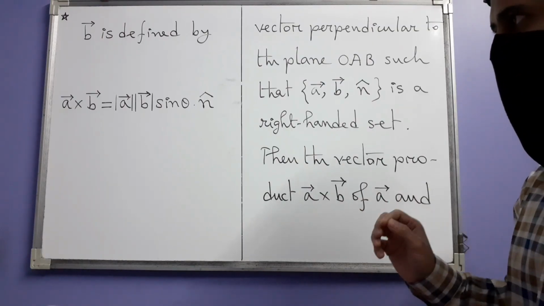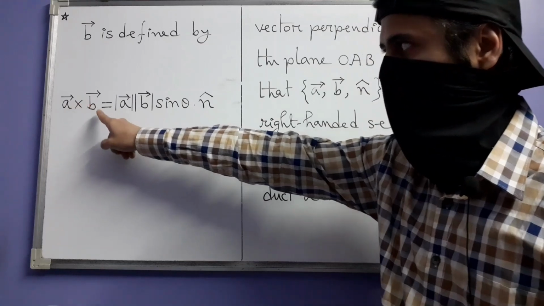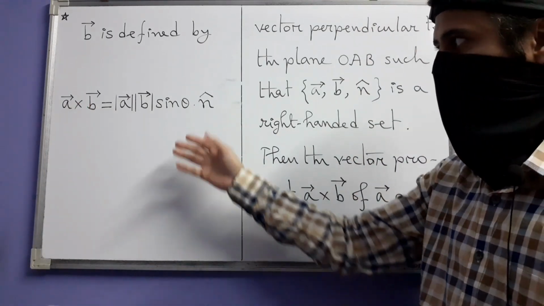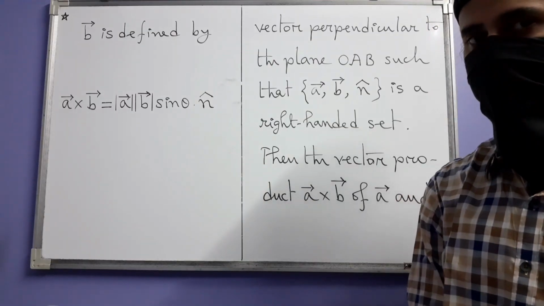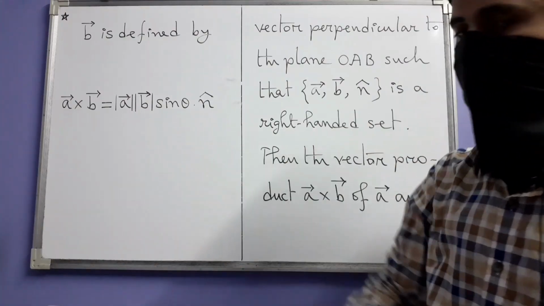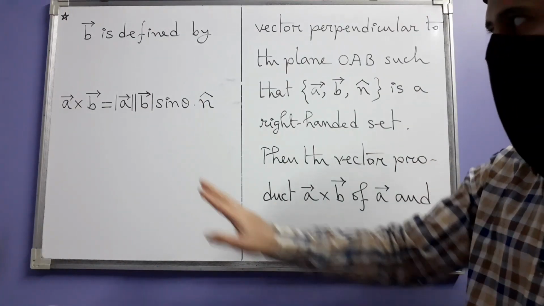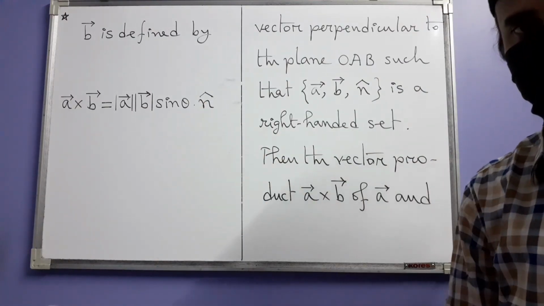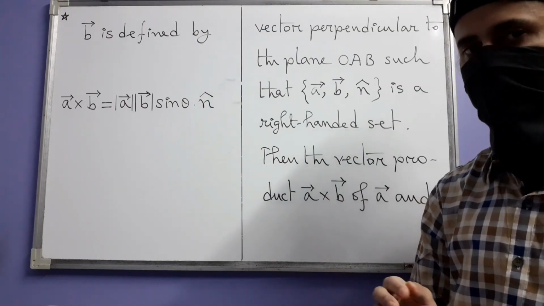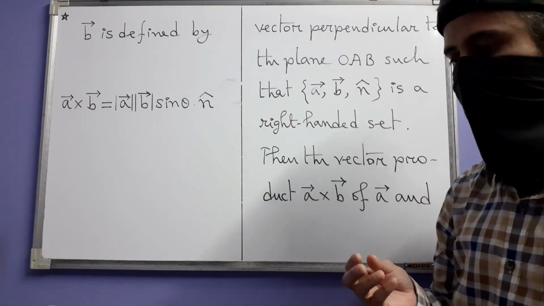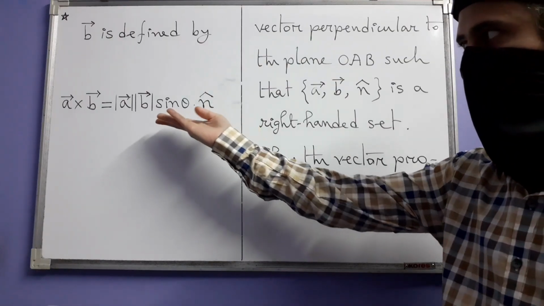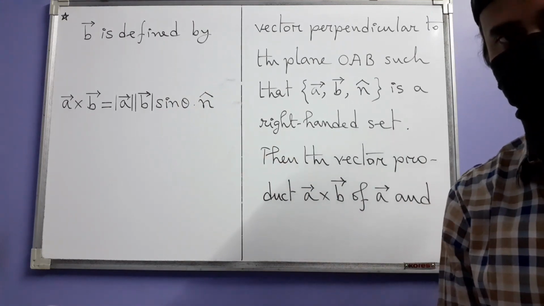So essentially, in place of A cross B or A times B, if you consider B times A, then the result is no longer this. In spite of theta being theta and the magnitudes of A and B being the same, this changes, so the result also changes. That means, unlike the normal operations that we are so familiar with, for example multiplication of two real numbers which are commutative, vector product is not commutative.